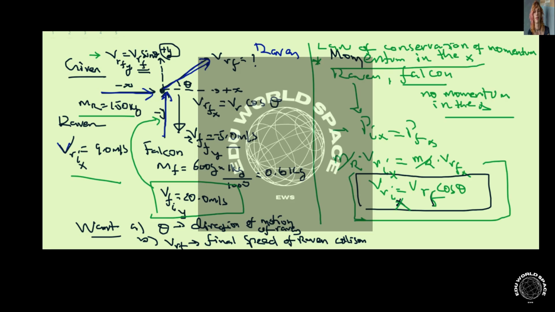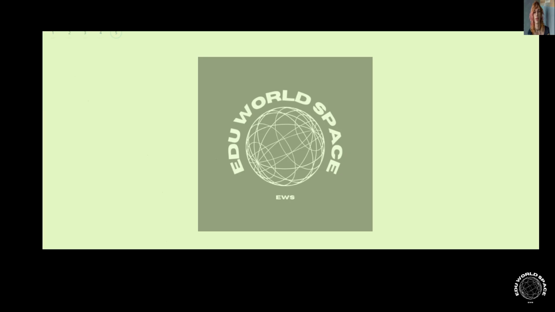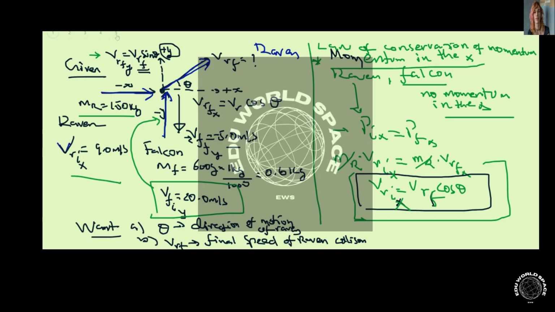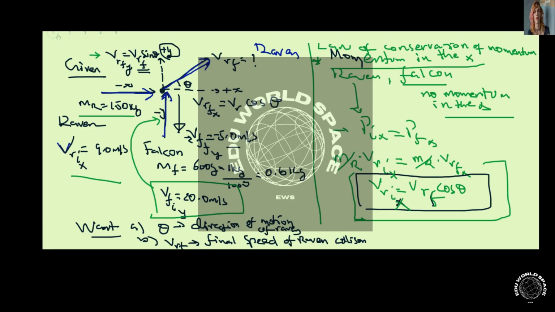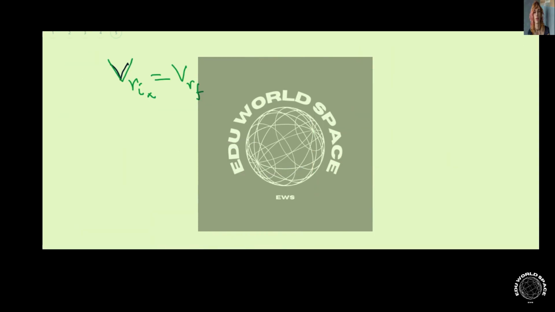We see that the initial velocity of the raven in the x equals the final velocity of the raven times cosine of theta. And so our goal is to get the final velocity of the raven. That's going to be the initial velocity of the raven in the x, over cosine of theta.